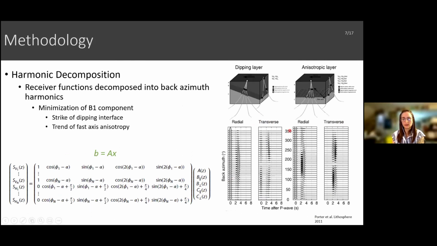If you look again at the transverse components here, we can see that they go through one cycle over the 360 degrees. What we'll then do is minimize one of the B components, and the angle we find that minimizes this will tell us something either about the strike of a dipping interface or the trend of the fast axis of anisotropy.